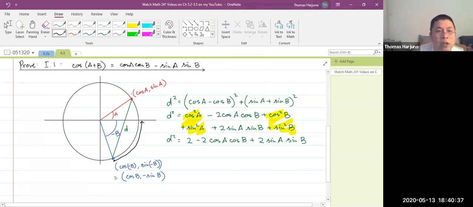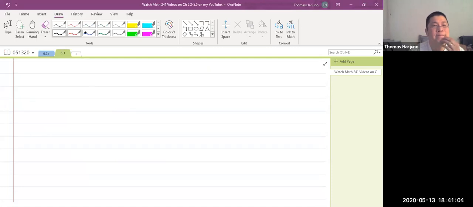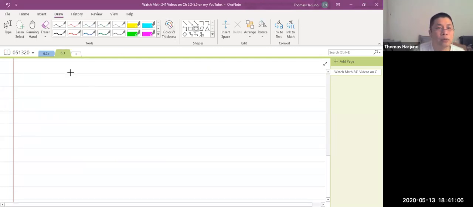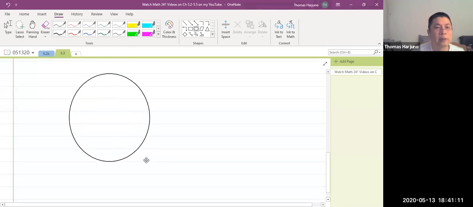So of course, this point will move by B to that side. I don't think it goes that far. Let me redraw it. Let's go back to that unit circle.